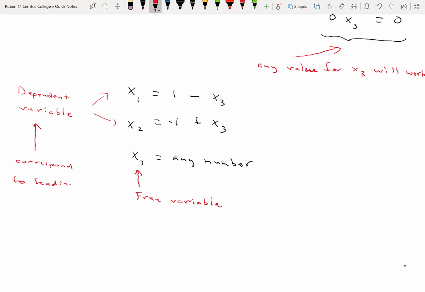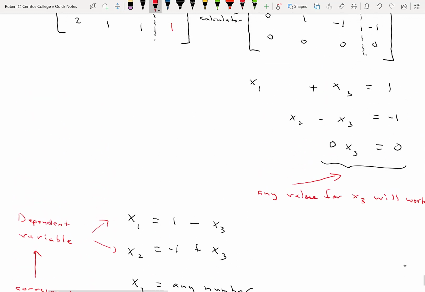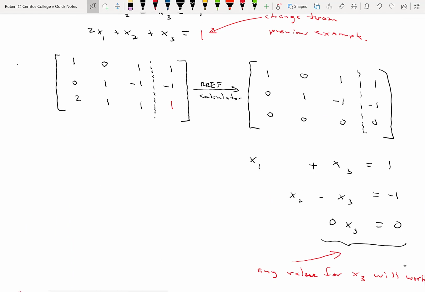Now, if you look back at the RREF, the leading ones occur, and I'm going to do this in green, in the column for x1 and for x2.